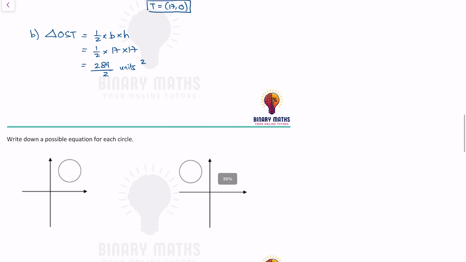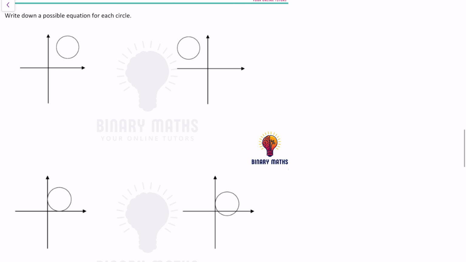Okay, moving on to the last example. We're trying to write down possible equations for each circle. So if we have this point, circle center is A, B, and this is the radius, then we can clearly see that the radius must be less than A, and the radius must be less than B, because it's not crossing the x-axis or the y-axis, or touching it either.